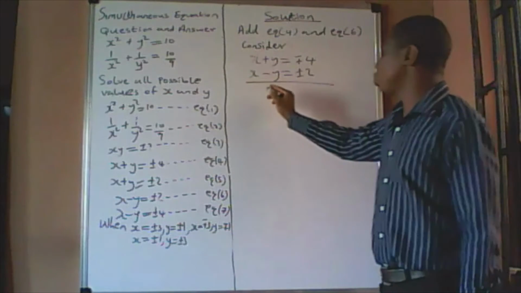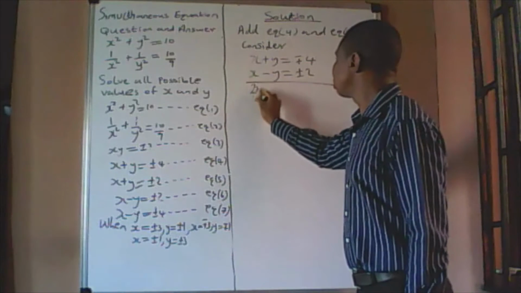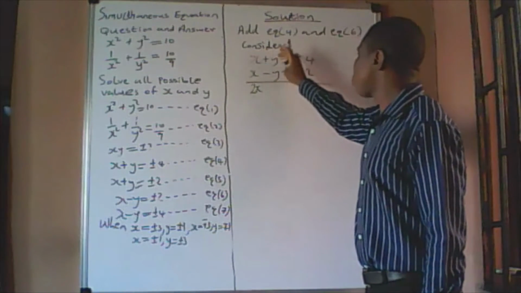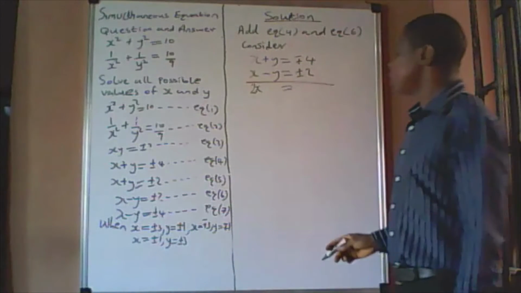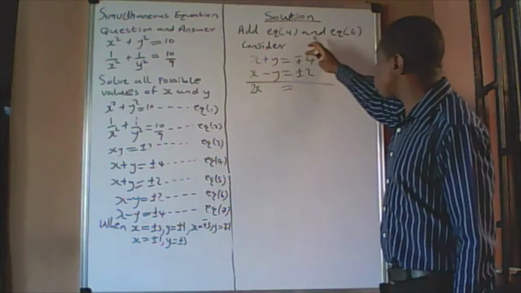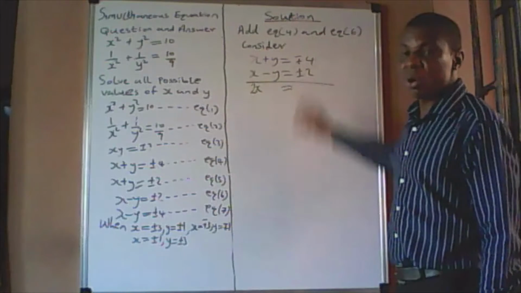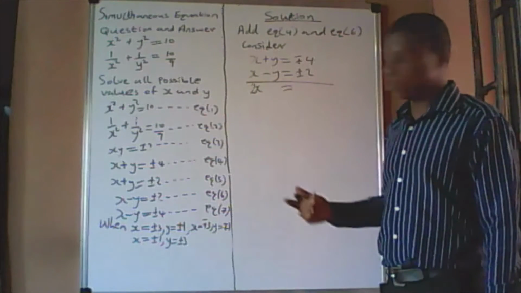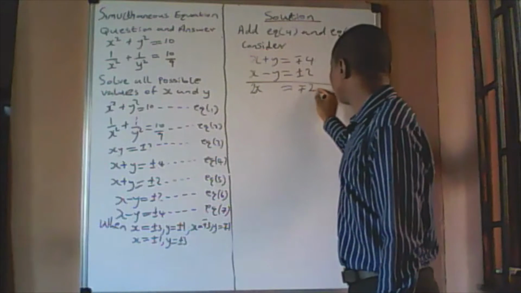X plus x will give us 2x, plus y plus minus y equals 0 equal to. Here we have minus 4 plus 2, which will give us minus 2. That means minus or plus 2.